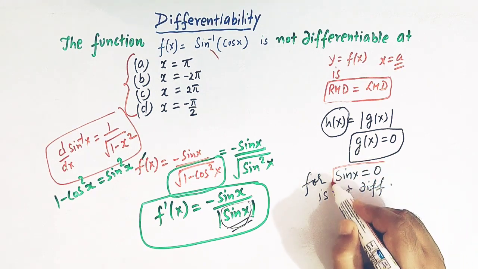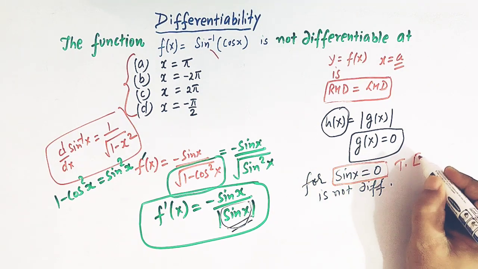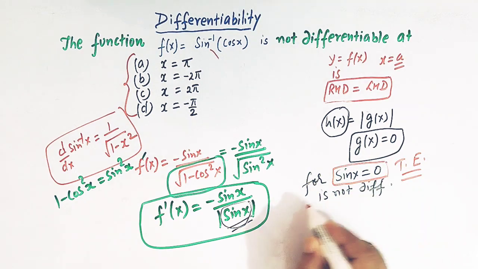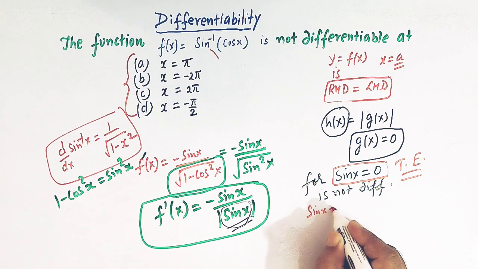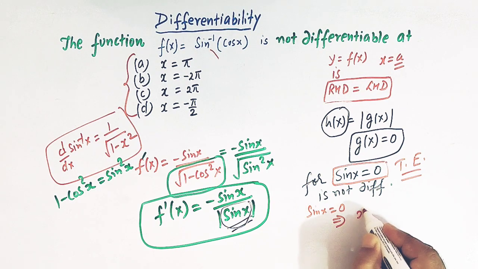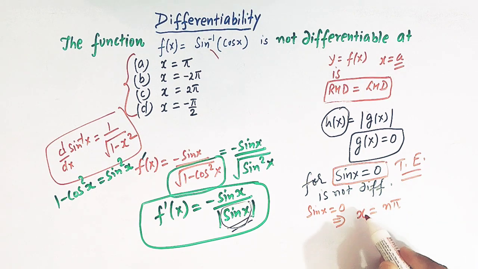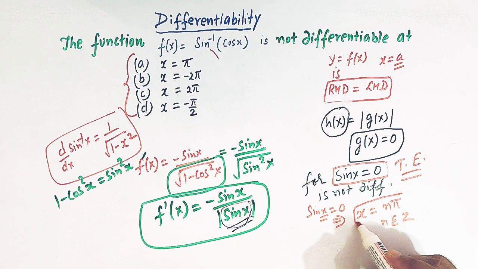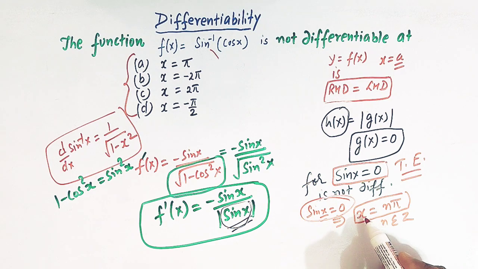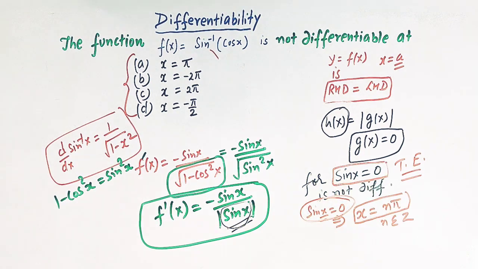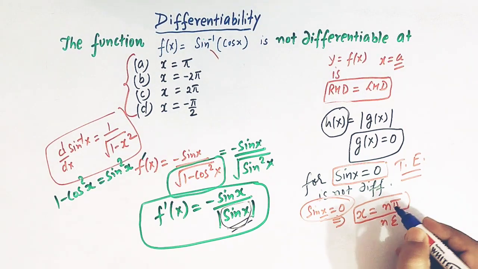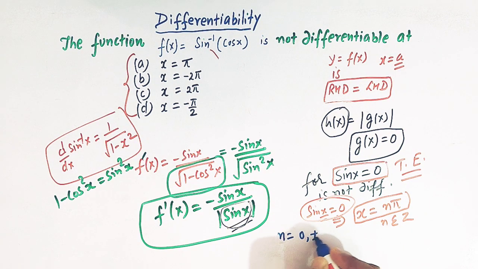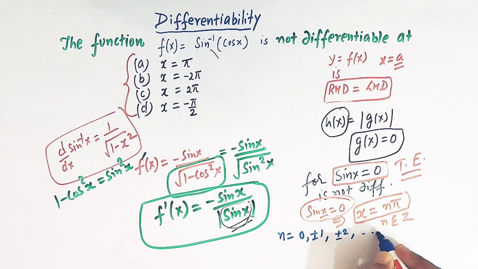Sine x equal to 0 is a trigonometric equation, and its solution is x is equal to n pi, where n belongs to the set of integers, that is n equal to 0, plus minus 1, plus minus 2, and so on.